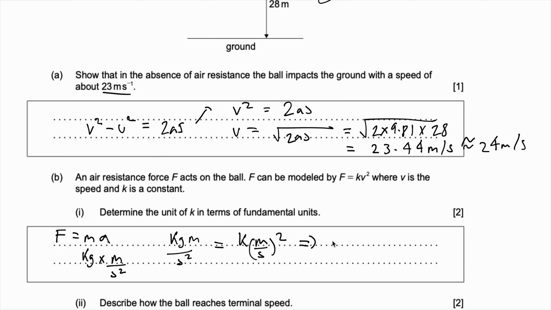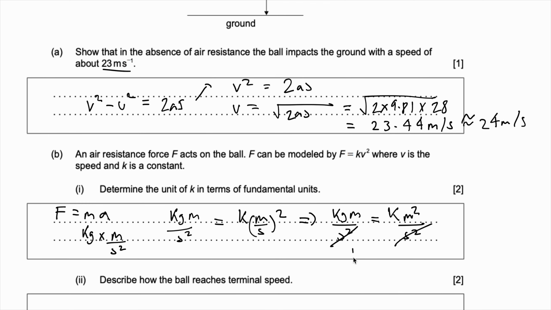So kg m per second squared is equal to k m squared over second squared. Now second squared and second squared will cancel, right? And so we're left with k is equal to kg, and then because meter squared goes to the other side, kg per meter. And that's your unit for k, kilogram per meter.